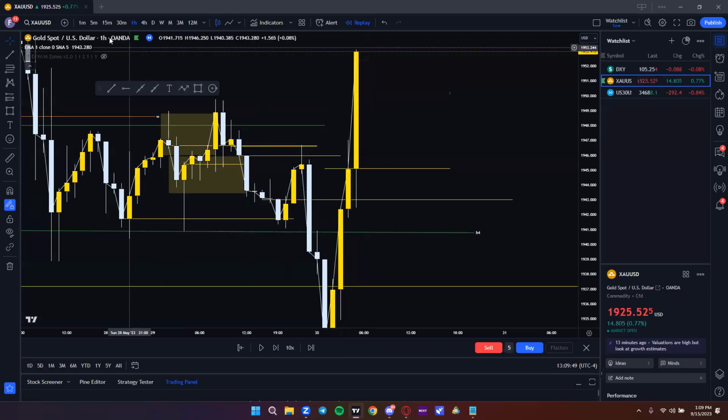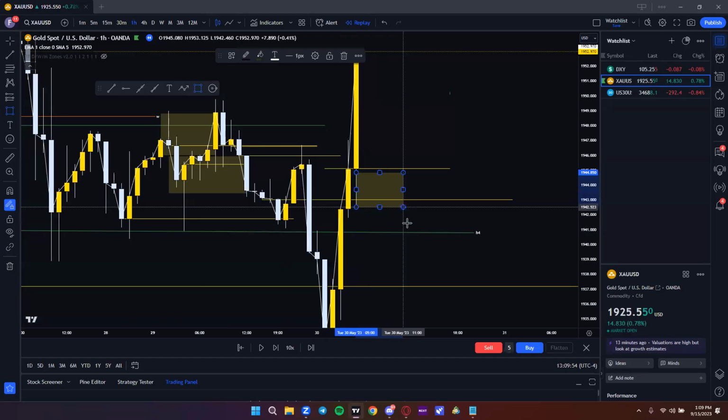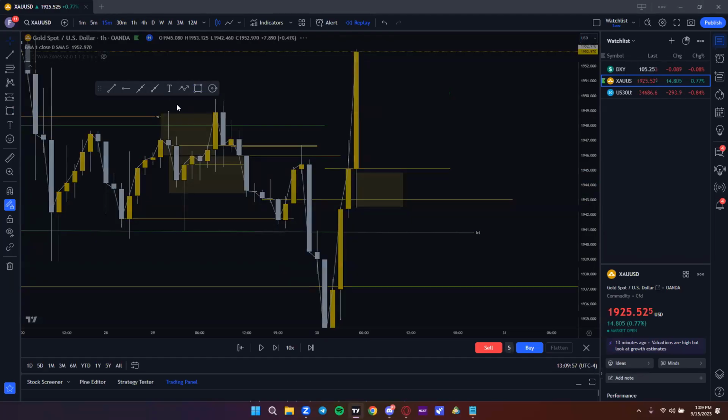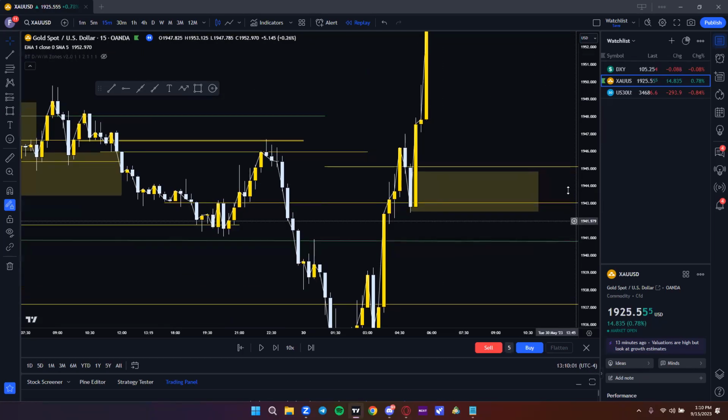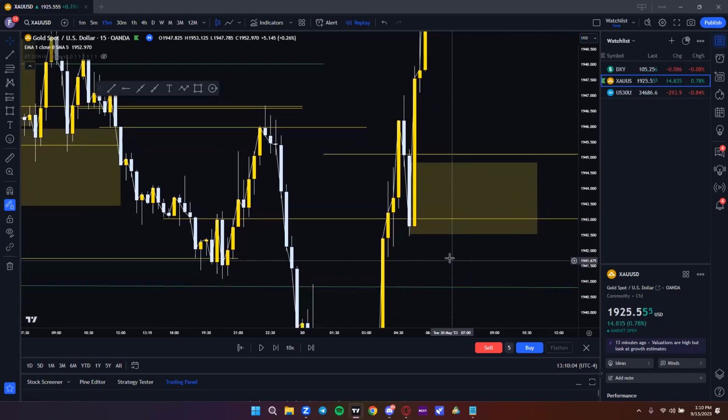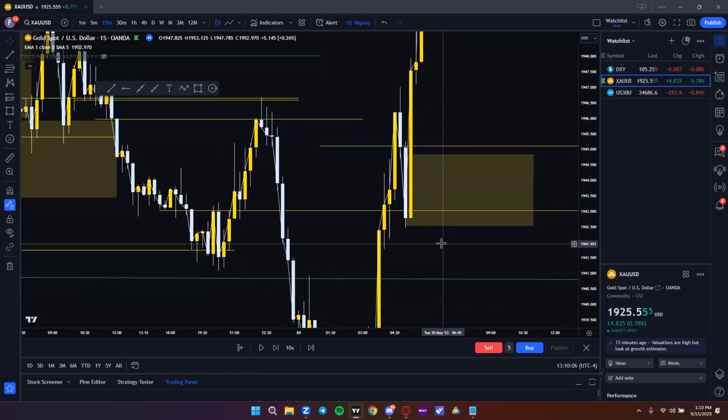Let's look at what M15 did. M15 tested the level. So you guys might look at this and say, well, M15 just broke out, but no. We don't use M15 that way.